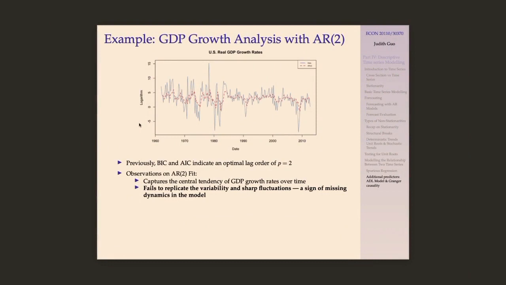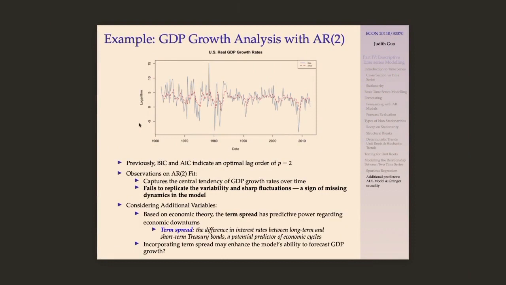We need to consider bringing in some extra information carried by different time series. So what we're going to do today is incorporate an additional variable coming from a different time series, the term spread. Okay? So according to macroeconomic theory, the term spread has forecasting or explanatory power regarding recession.